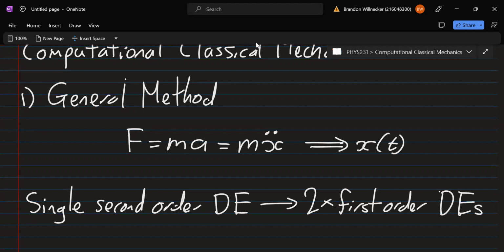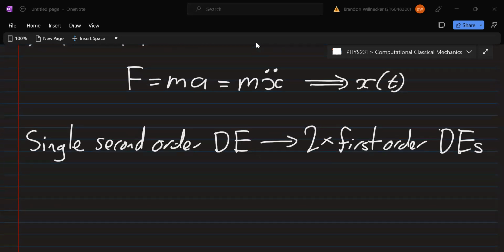The second order differential equation can be quite difficult, but if we break it up into two first order differential equations, we know how to solve those. We can use either the Euler method or the Runge-Kutta fourth order method to solve those two. So how do we do that exactly?